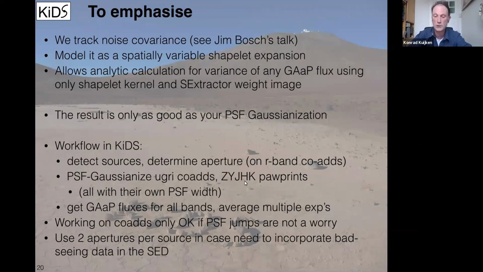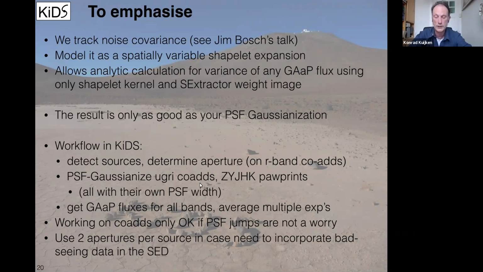So there we use the individual pawprints, the individual micro-dithered detector images. We PSF Gaussianize them all with a different PSF width, basically optimized to the seeing of each individual exposure. And then we go through this GAaP photometry procedure and we get the fluxes for all the bands. It's just a simple list-driven photometry, given the whole list of apertures that you started with. And you just build up the table and there's your photometry.